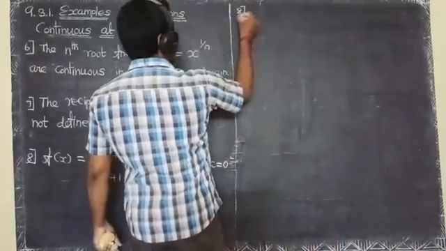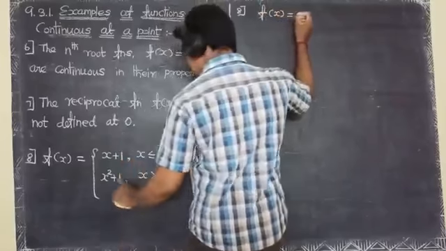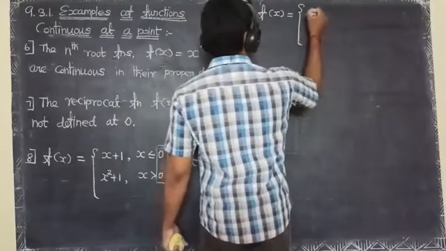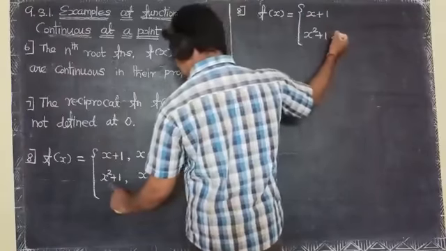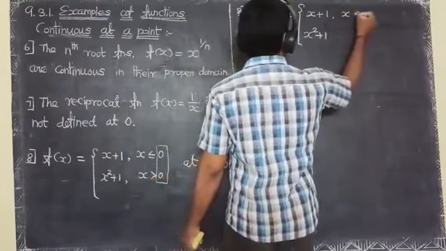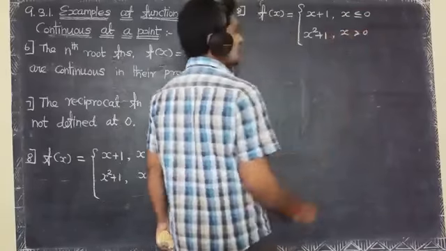Eighth one, given f of x equal to x plus 1 for x less than or equal to 0, and x square plus 1 for x greater than 0.